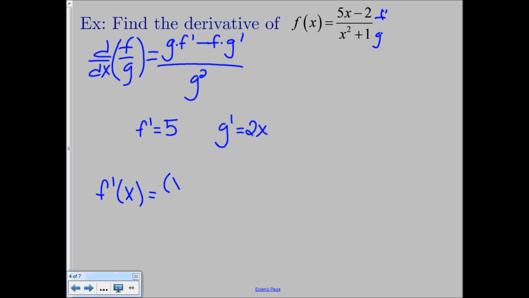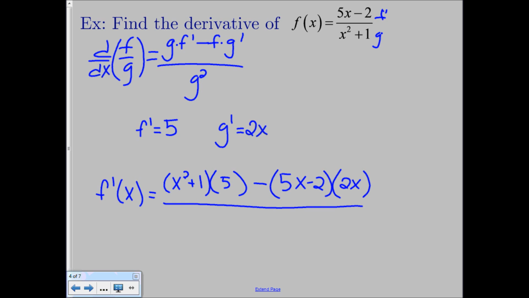So we're going to have x squared plus 1 times 5 minus, now you always want to make sure to put parentheses after the minus sign to make sure you distribute that negative, minus f, which was 5x minus 2, times the derivative of g, which was 2x, then all over g squared, so x squared plus 1 quantity squared.